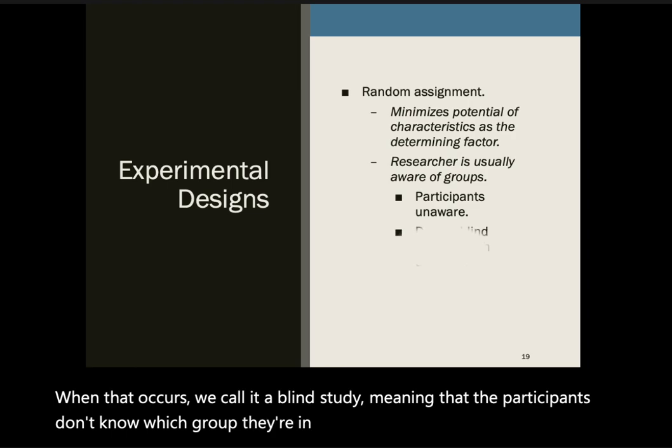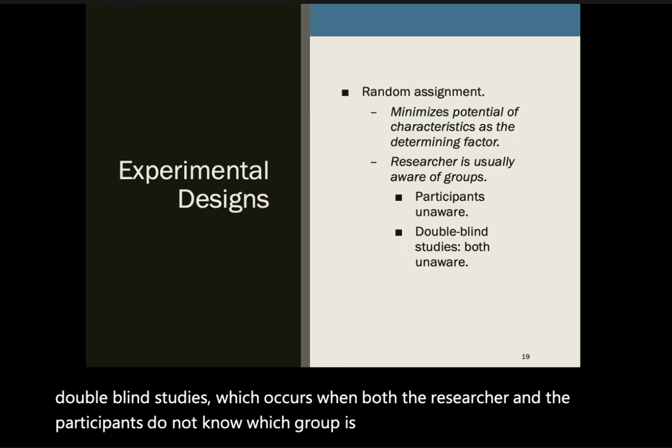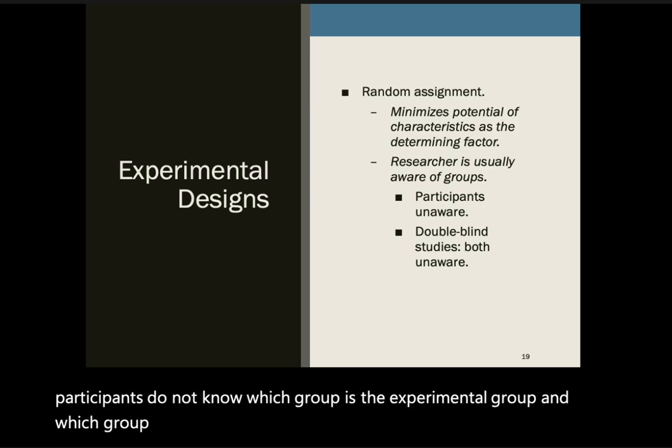We also have the case of what's called double-blind studies, which occurs when both the researcher and the participants do not know which group is the experimental group and which group is the control group.